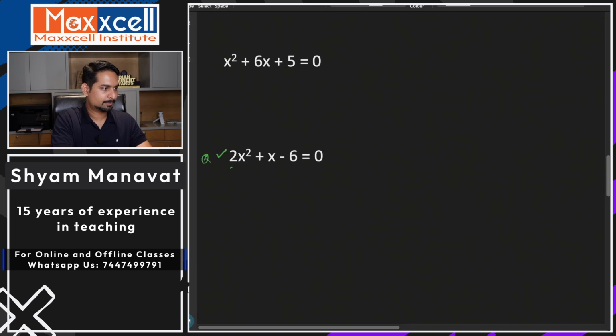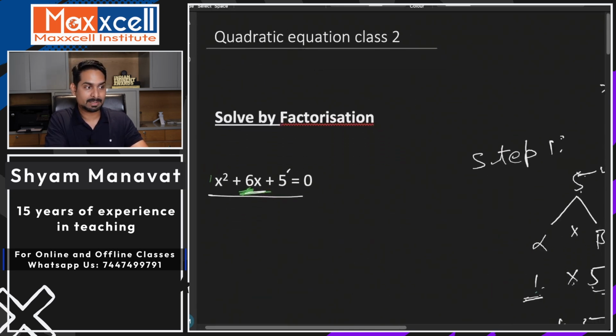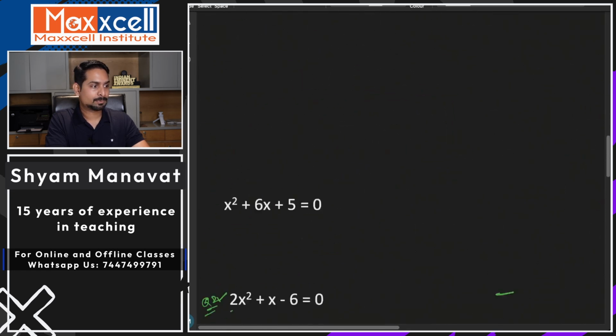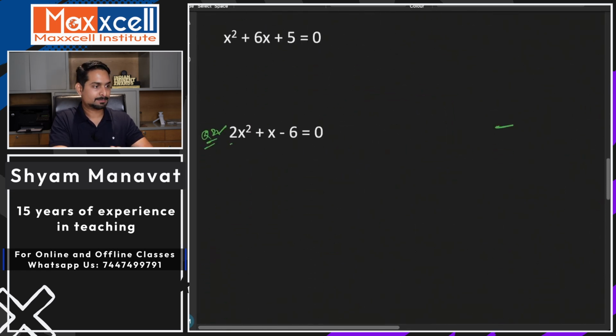Understand that step. The step is the number which you split into two parts. Here you have taken this constant, right? So step number 1 will change here. Pay attention. Step number 1 will be, first you multiply the coefficient of x square with the constant and write.